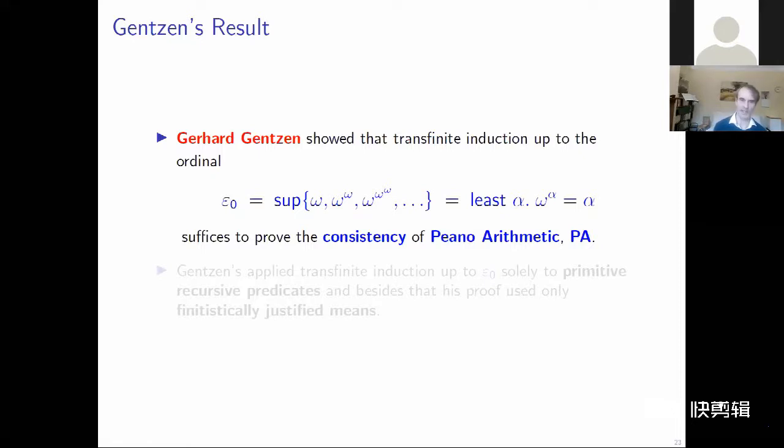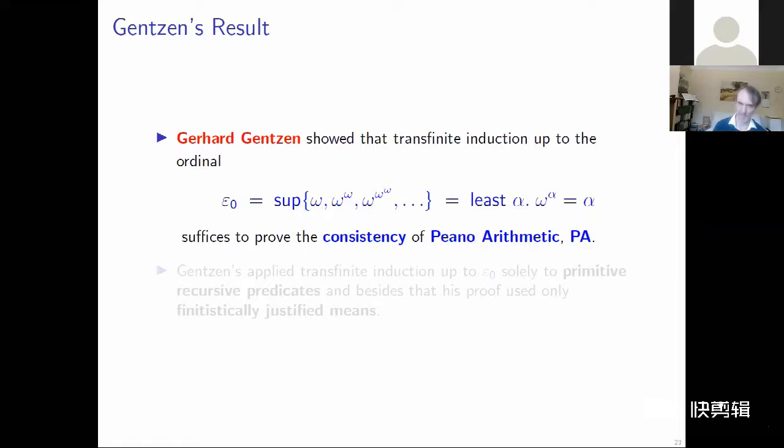Okay, so now Gentzen's result was, he was aiming at a consistency proof for full Peano arithmetic, so first order number theory. And so what he did is he used a certain amount of transfinite induction. He used transfinite induction up to epsilon 0.